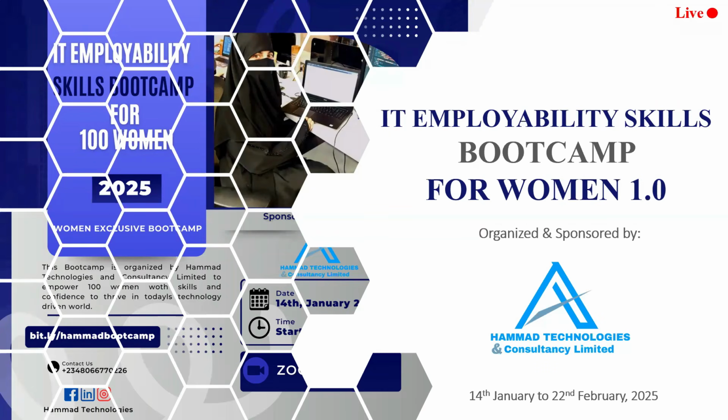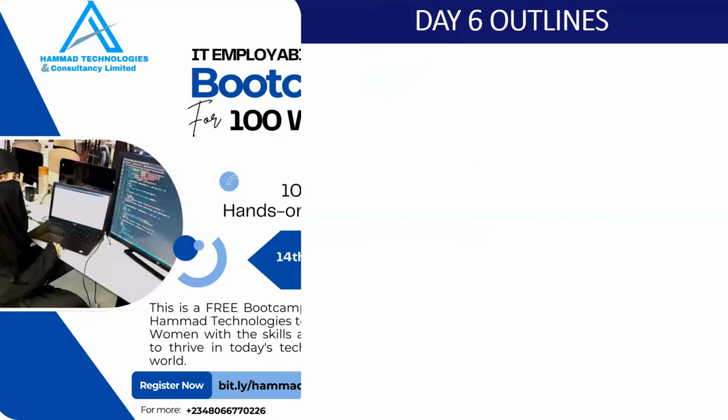As always, we are going to start by showing our outlines. Today's outline goes like this. We are going to have a recap on day five, that is what we covered yesterday.